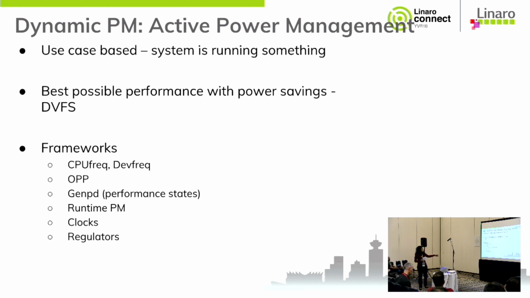There is CPUFreq, DevFreq, OPP, GenPD, Runtime PM, Clock Framework, Regulator Framework, CPU Idle Framework, it's not mentioned here. So some of it are front-end frameworks, that is devices actually, or CPUs or devices actually interact with it. Some of them are back-end frameworks where it does most of the bookkeeping or the back-end activity. We'll go through most of this.